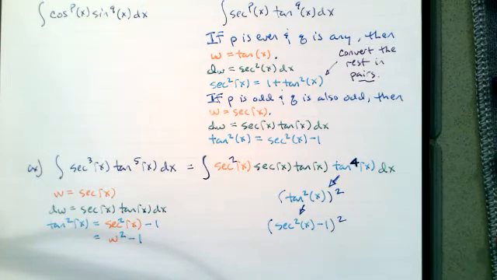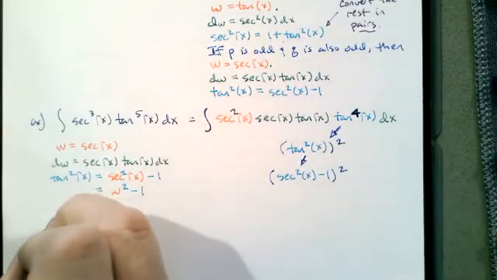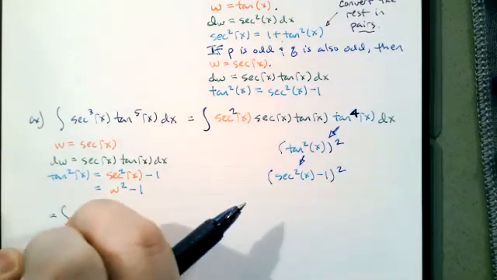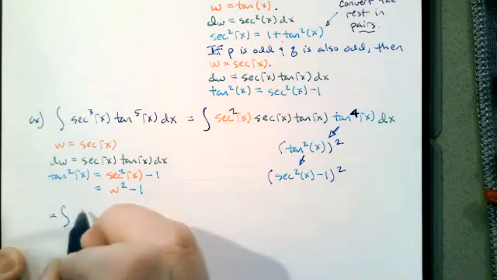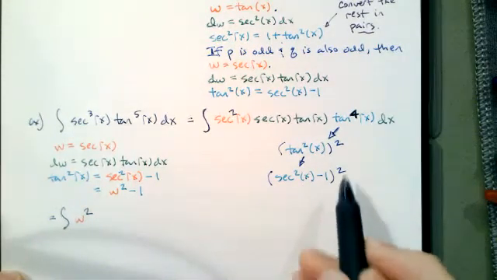So now we can make all of our substitutions, and we can get an integral in w. The substituted integral will look like the integral of w squared, and then we'll have secant squared x minus 1, squared.